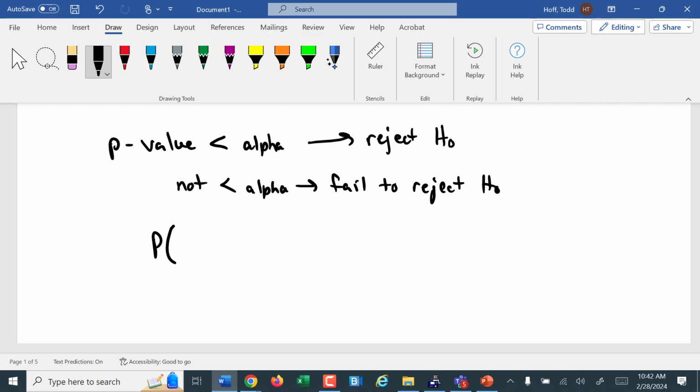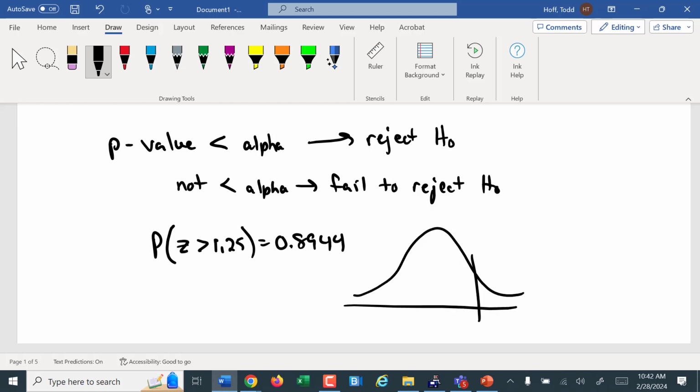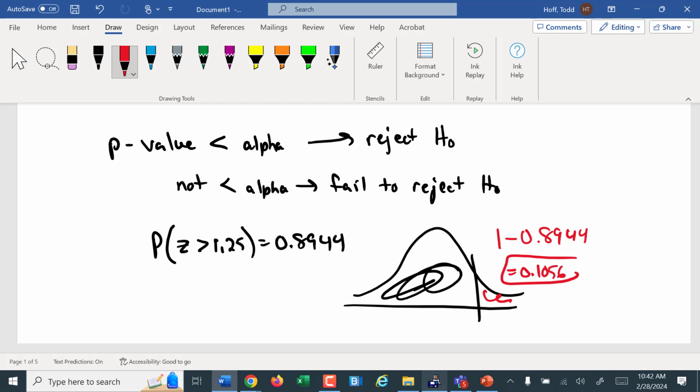So the probability of z being less than 1.25 is 0.8944. Now that z-score table gives us the probability of being less than, or to the left. To get the probability of being greater, it's 1 minus 0.8944, which gives us 0.1056. Exactly what the calculator gave us, 0.1056.